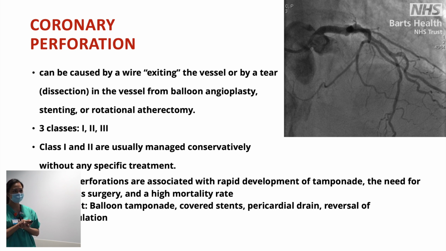It has 3 classes, 1, 2, and 3. We're not going to delve into this, but if you see a perforation, what do you need to prepare as a circulating nurse? Anything? What do you prepare? Perforation? Yes, that's correct. Covered stents. What else?